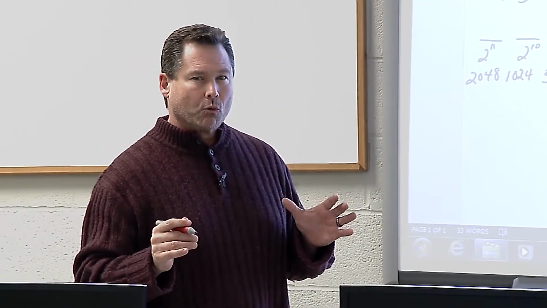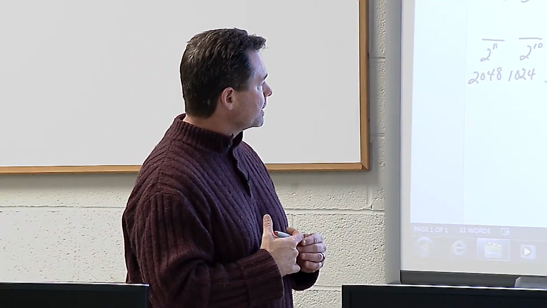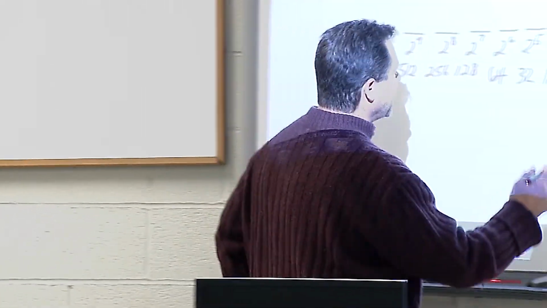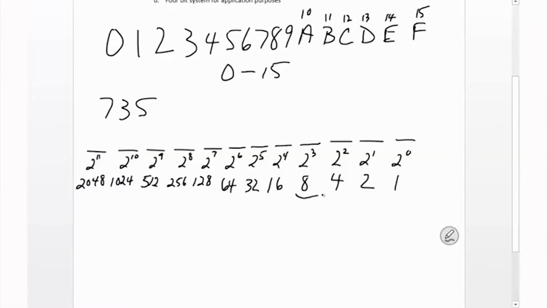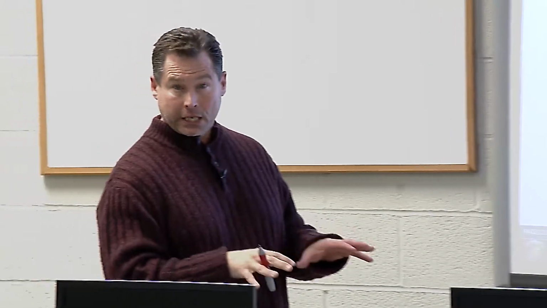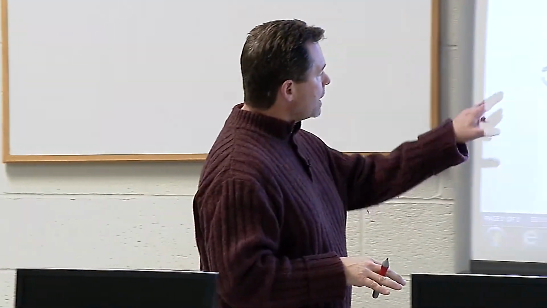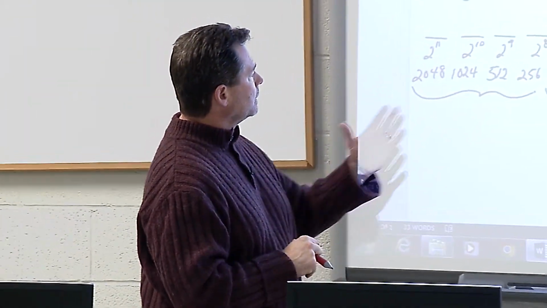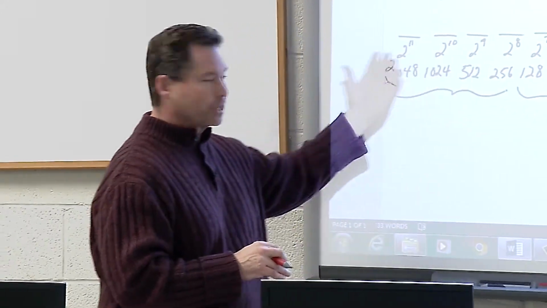What we're going to do when we get to the conversion process, though, is divide these up into 4-bit segments and deal with them individually. So they're not going to go up to 2048. That would be if we were using every single one of these.